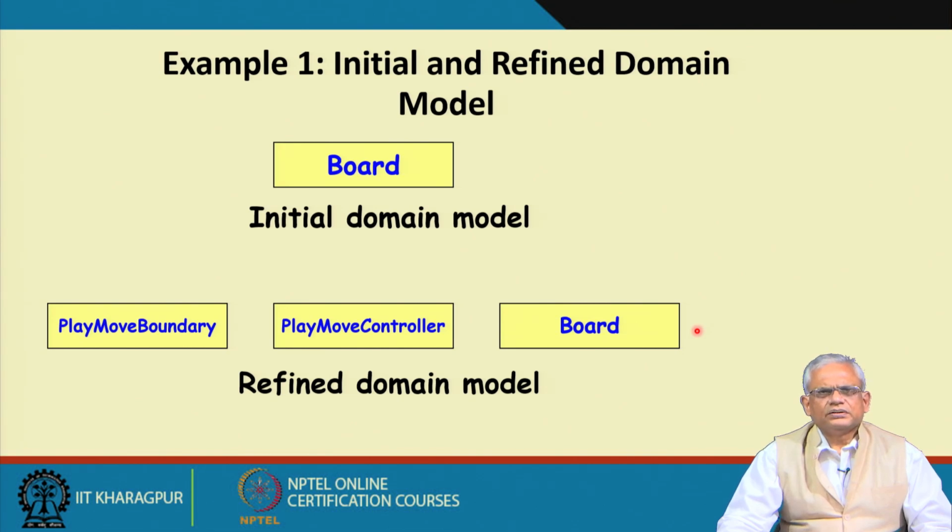For example, in this case we must understand that once the use case play move is triggered, first it is checked whether the mark that the user is trying to place is a valid mark. He is not marking on something already marked, and he is marking on a valid square, it is not marking outside the board.